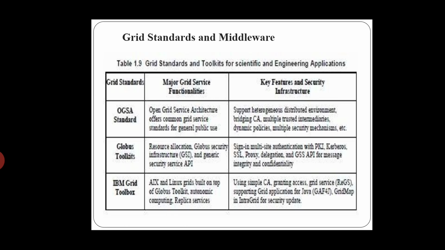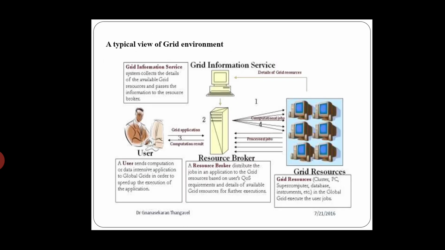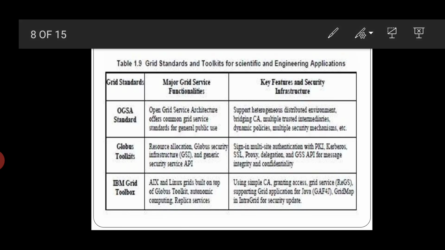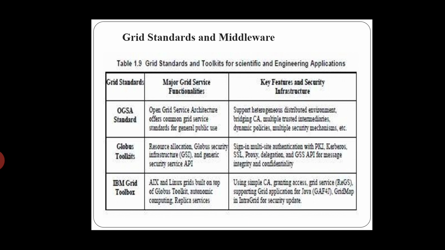The key features and security infrastructure of the IBM Grid Toolbox use simple CA and grant access to grid services, supporting grid applications for Java and grid-map in intra-grid for security updates. This is the grid standard and middleware for specific scientific and engineering applications.